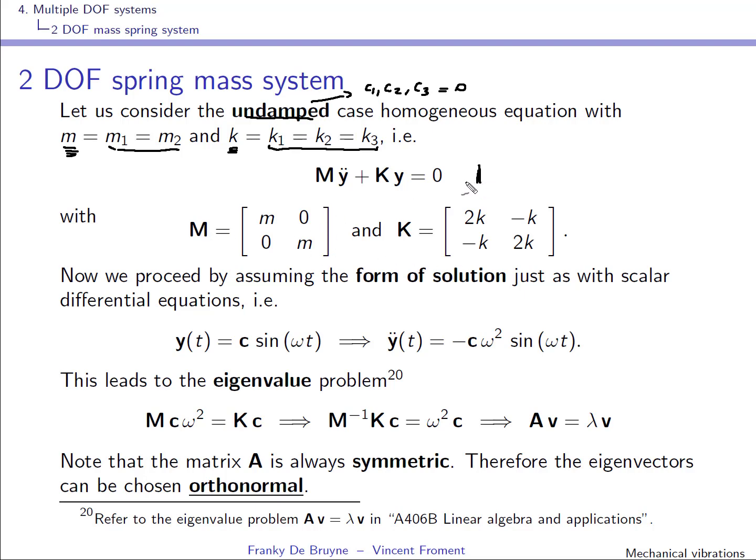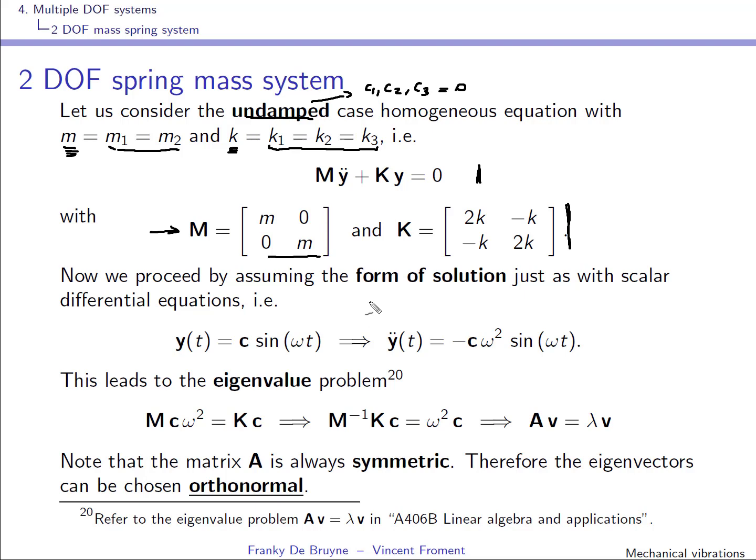So it's the same as the one in the previous slides, except that there is no term with the damping matrix, right? And the mass matrix is simply a diagonal matrix with M on the diagonal, and the stiffness matrix becomes this simple expression.